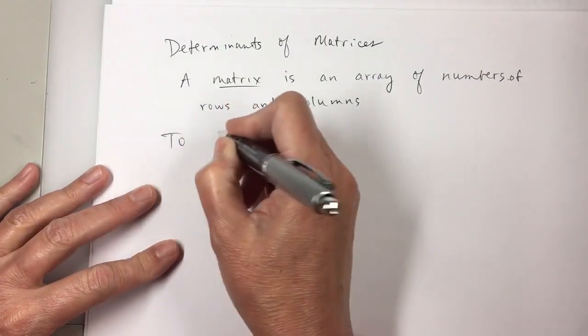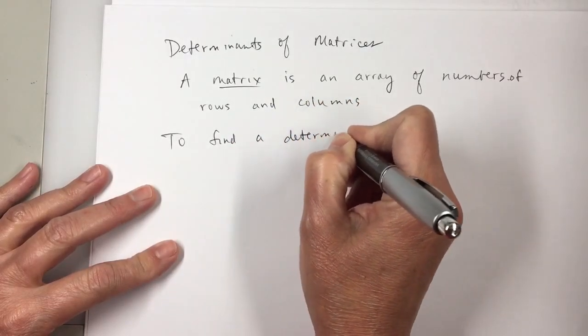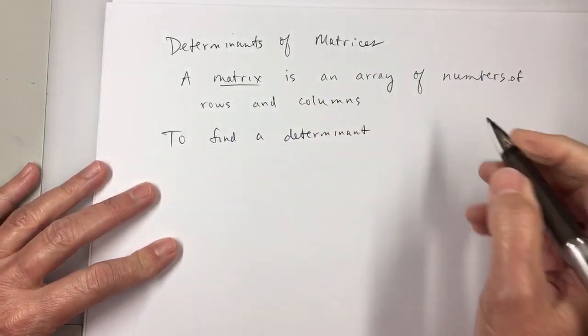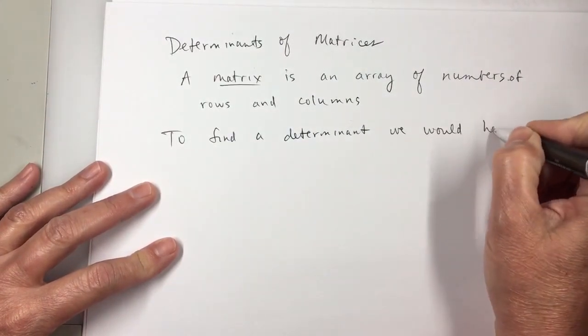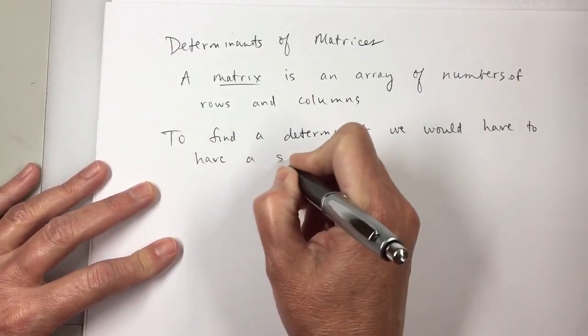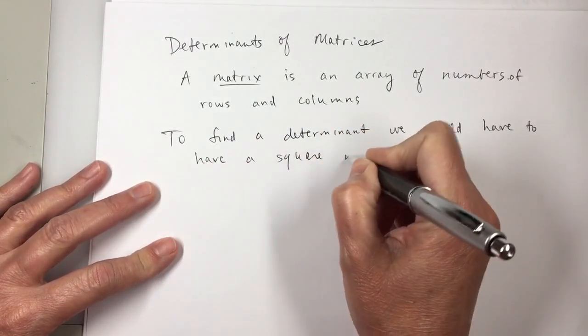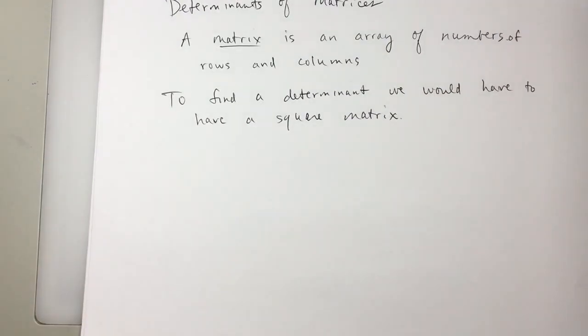So to find a determinant, we would have to have a square matrix. And mainly for this course, I'll look at a 2x2 and a 3x3.